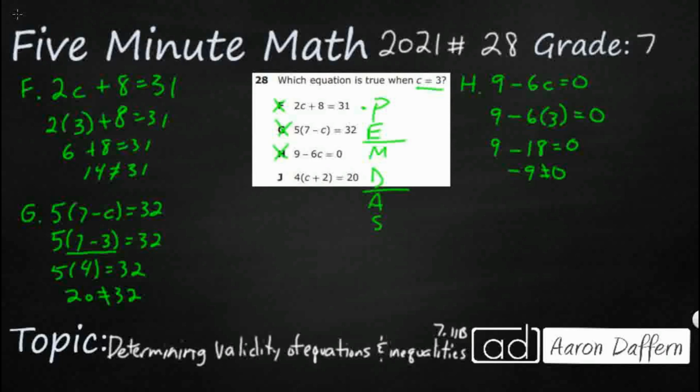So let us hope and pray it is J, because if not, we messed something up, but I'm pretty sure it's going to be J. So we've got 4, parentheses, again, c plus 2 equals 20. All right, so remember order of operations. We're going to deal with this parentheses first.